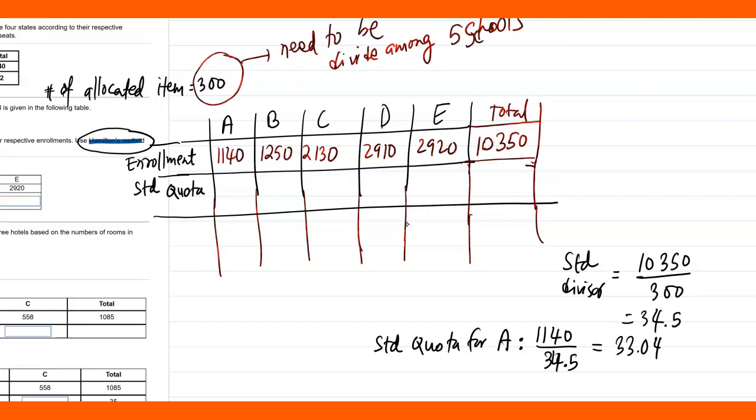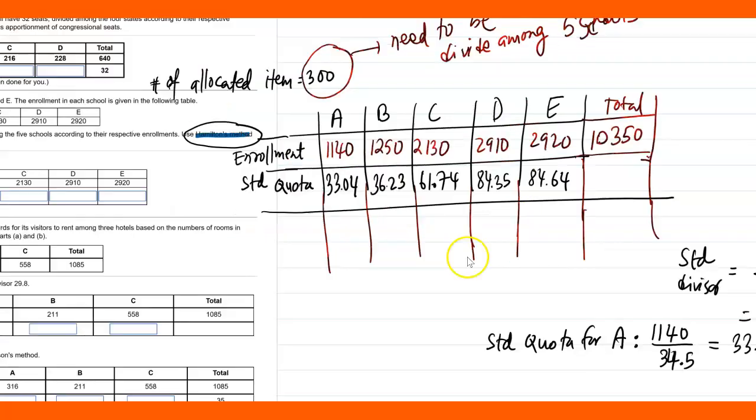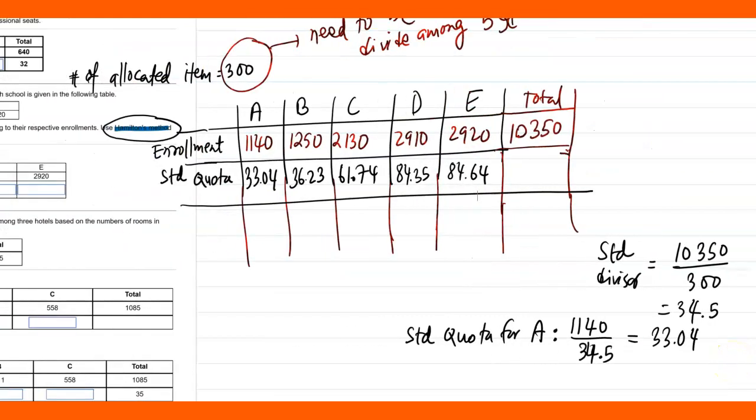Okay, and now how about the other numbers? You do the same thing for each one. You do it by yourself, I do it by myself, and we'll double check. We find the standard quota for each group by dividing the group population by the standard divisor, which is 34.5.